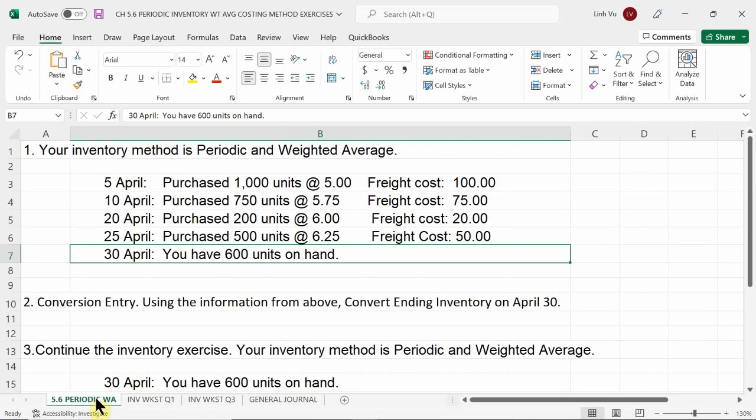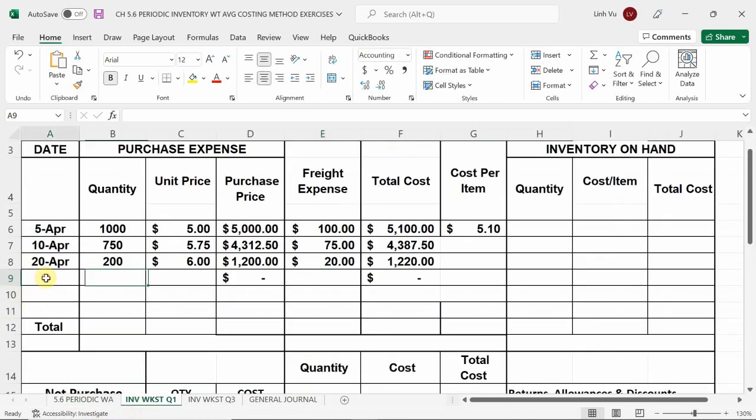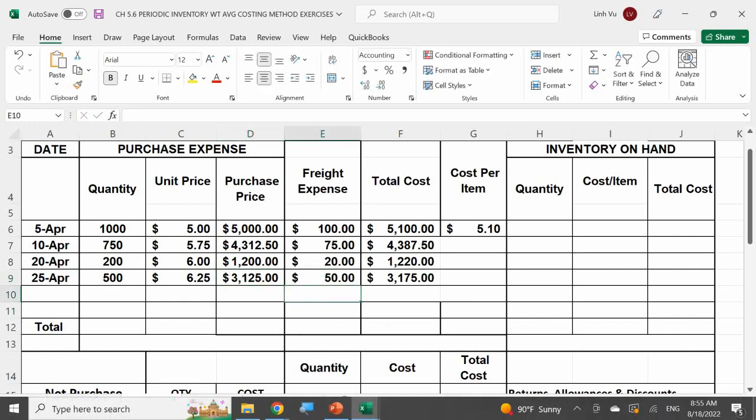And then the last one we have here is April 25th. We purchased 500 units at $6.25 with a freight of $50. Right? Plus 50 will make it $3,175.